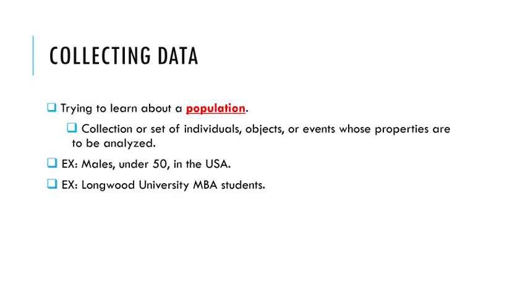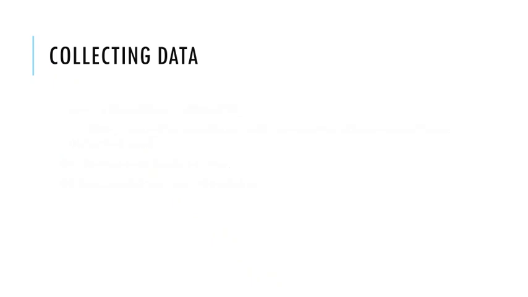If I look at all the students who have either graduated from the Longwood University MBA program or are currently enrolled in it, I have a population. It's a more narrowly defined, smaller population. And do you agree it's possible I might be able to collect data on that population or pretty darn close to the entire population?